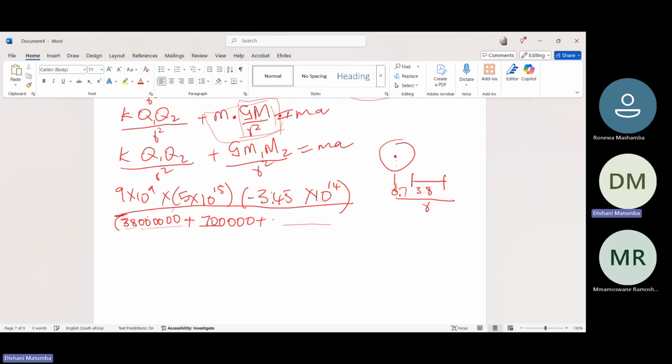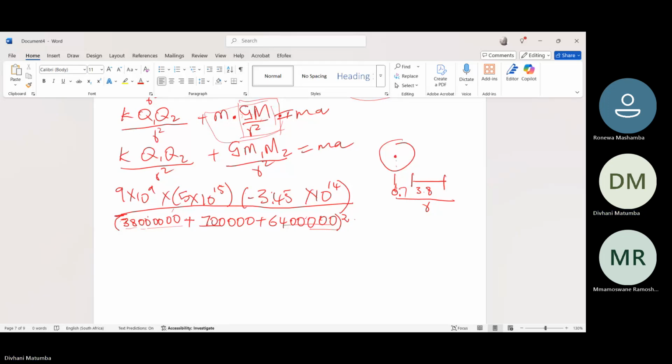Then plus, what is the radius of the other planet? 6400. Then I will add 3 zeros because I'm converting kilometers to meters. Yes, sir. And then this is squared.